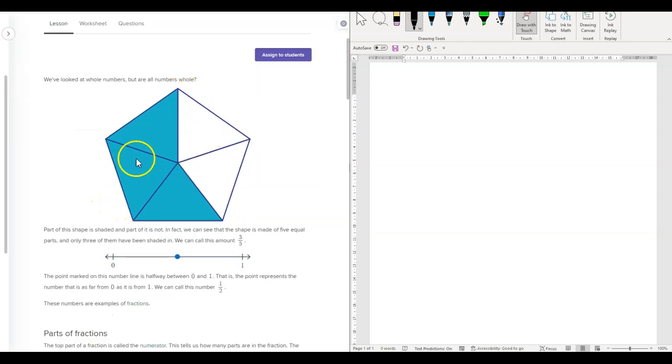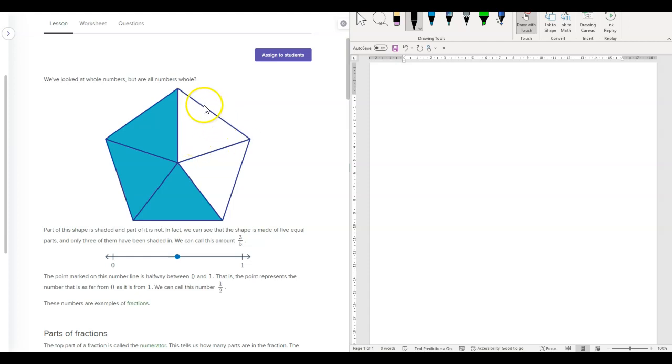As always, I'm not going to read through this word for word, but I'm going to summarize key points. So here we start by looking at what a fraction actually is. A fraction is when we take a whole, and we often refer to numbers, but here we're looking at it as a picture. So we have a whole, we're dividing it up into equal amounts, and then we're working out how many of those amounts we have.